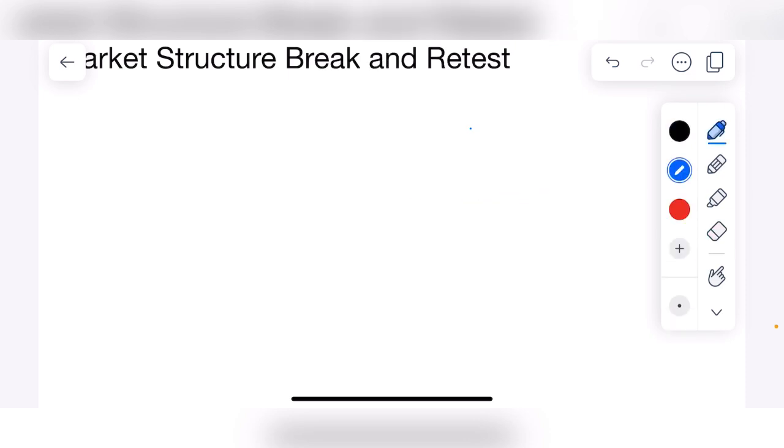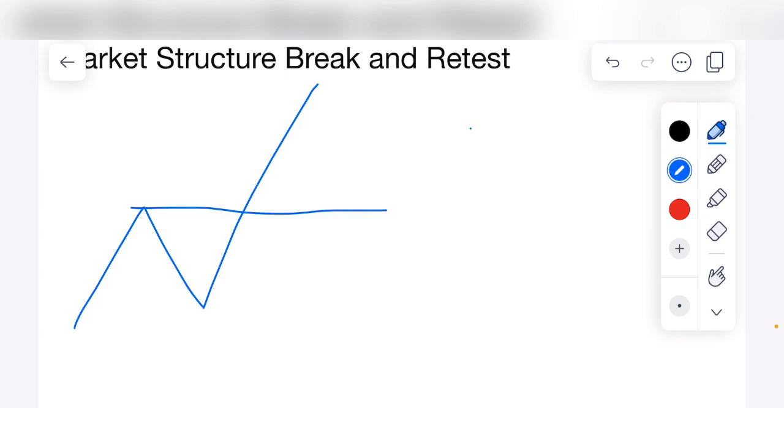You have identified the structure which is bullish, and then you wait for the break to happen and then come back to retest. Your stop loss, you see, you'll be confirming the double bottom here.